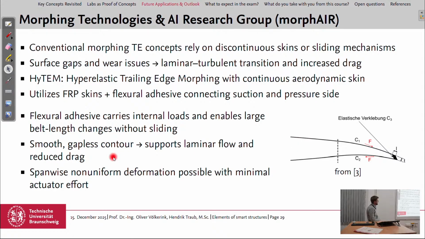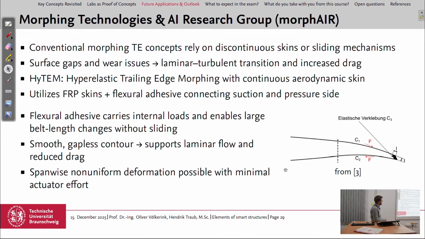And this smooth gapless contour then supports laminar flow and also reduces drag because we don't have surface gaps anymore. And as you have seen also in the video, we can also have a non-uniform deformation span-wise along the wing.